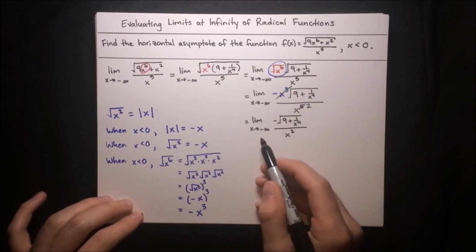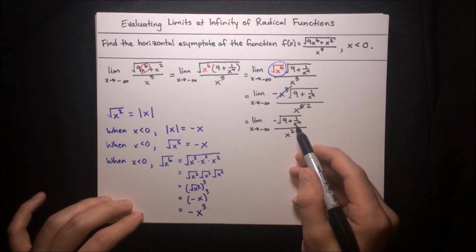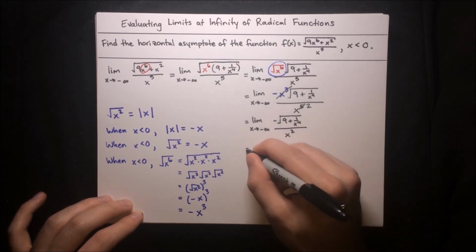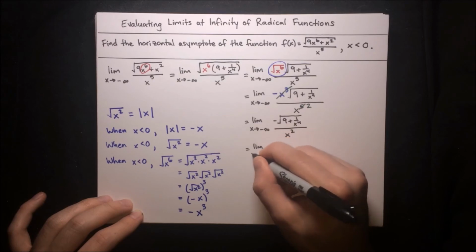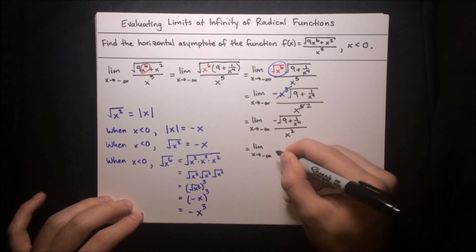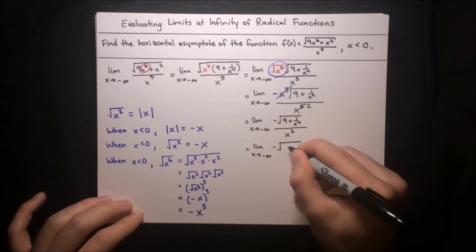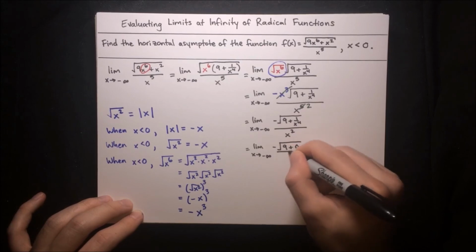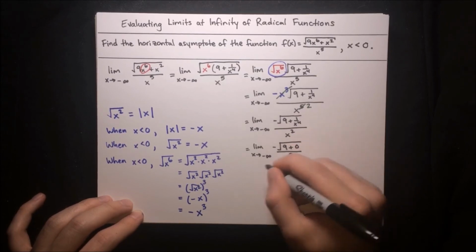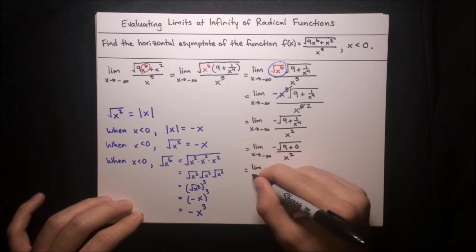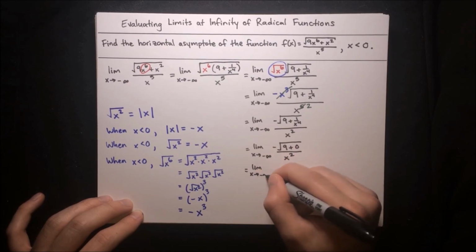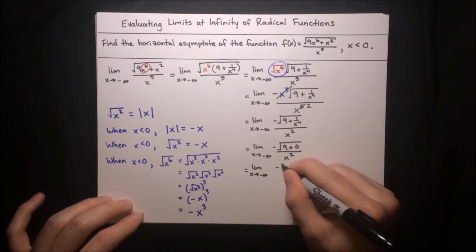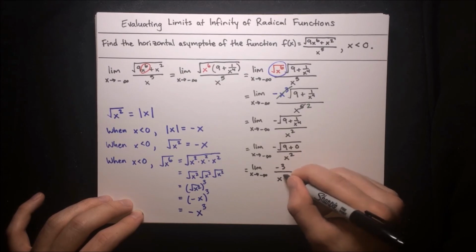And as x approaches negative infinity, we know that 1 over x to the 4th approaches 0. So this is just the limit as x approaches negative infinity of negative root of 9 plus 0, over x squared, which is equal to the limit as x approaches negative infinity of negative 3 over x squared.